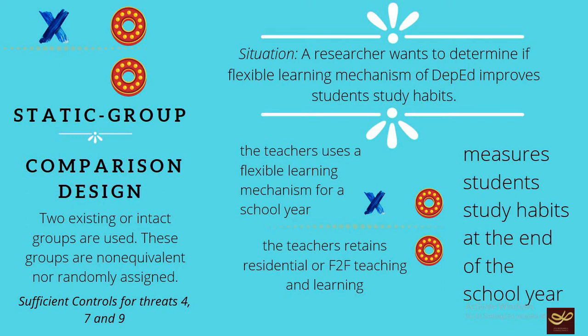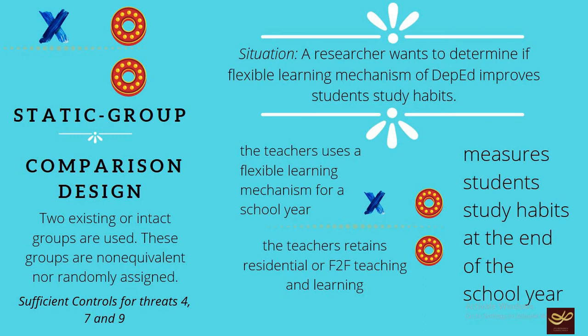So for this design, there is a sufficient control for threats number 4, 7, and 9. I'm sorry, this is threat number 4. That means instrument decay. And they have a control for testing, which is number 7. And for number 9, they have a certain control for maturation as well.